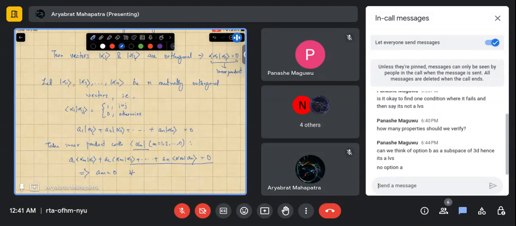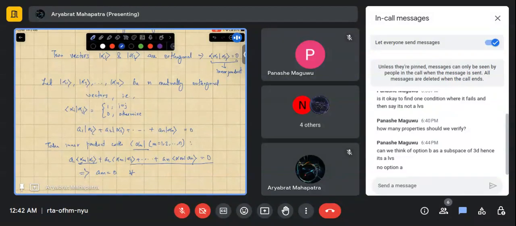When you take the inner product, at one point, for let's say m equals 1, this term will be 1, because they are mutually orthogonal.